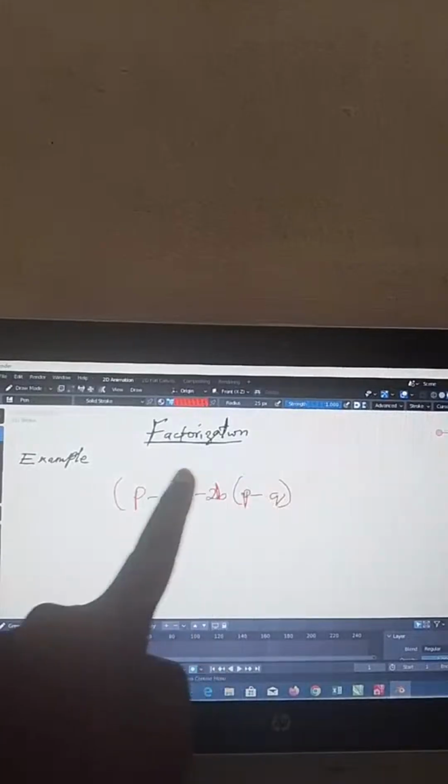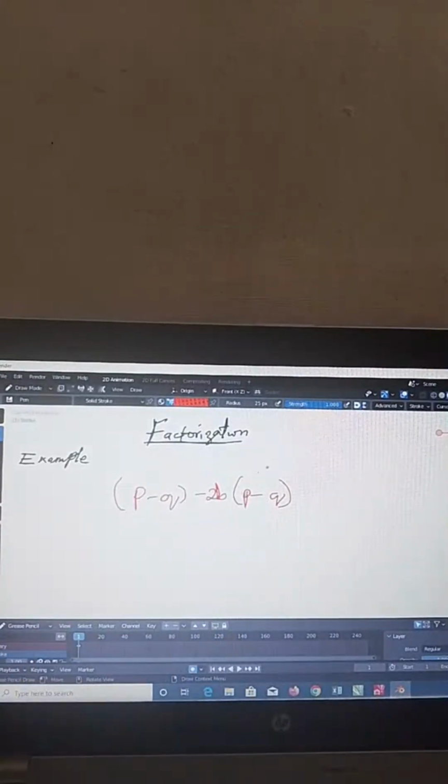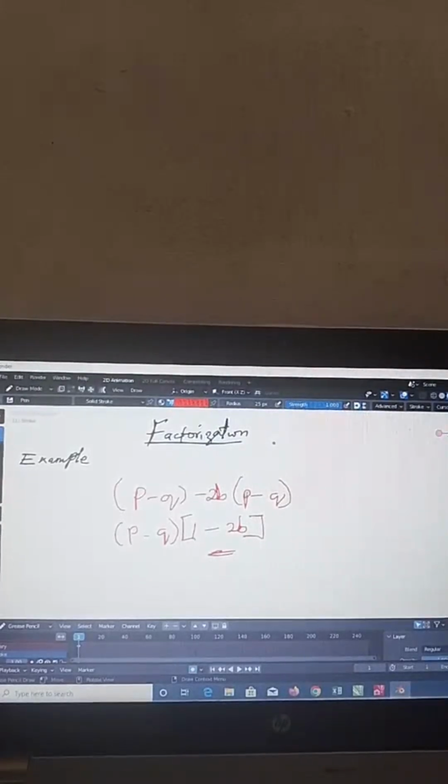So I'll factorize these two. What is common? P minus q is common. So what is left here? 1 minus 2b. So this is the factor. This one will factorize.